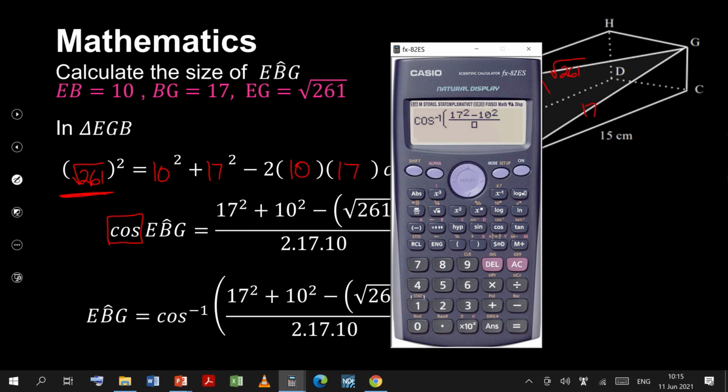Let me just correct that. And then minus, and the square root of 261 squared is just going to be 261. And at the bottom, we've got 2 times 17 times 10.